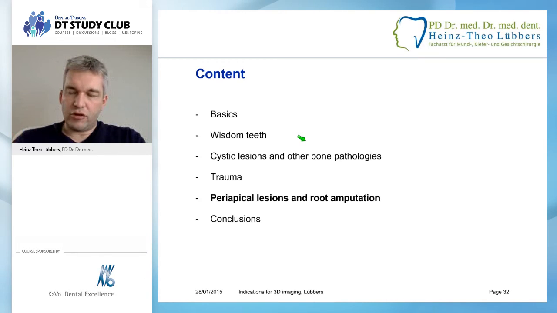The second part for the trauma, I didn't show a picture here because it's even less related to general dentistry, would be orbital traumas. The orbit is a structure which you can hardly judge on conventional X-rays. You might be able to see a fracture. You're almost never able to rule it out for sure.